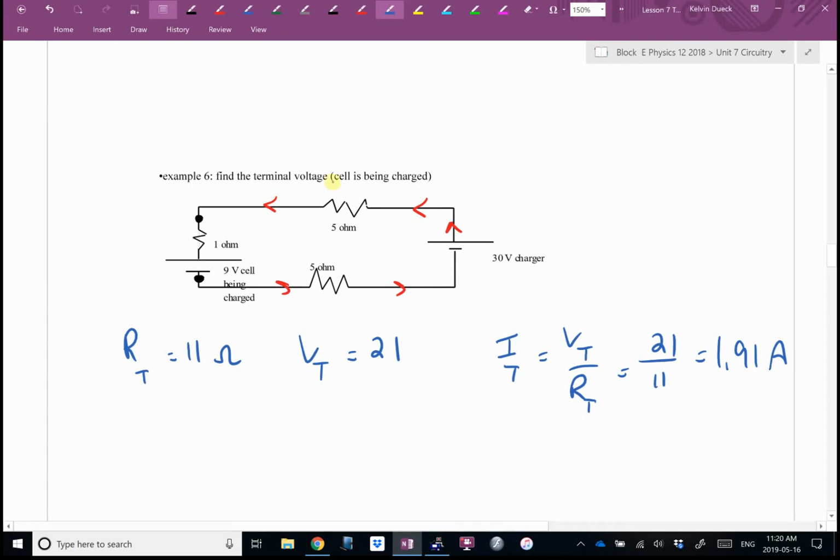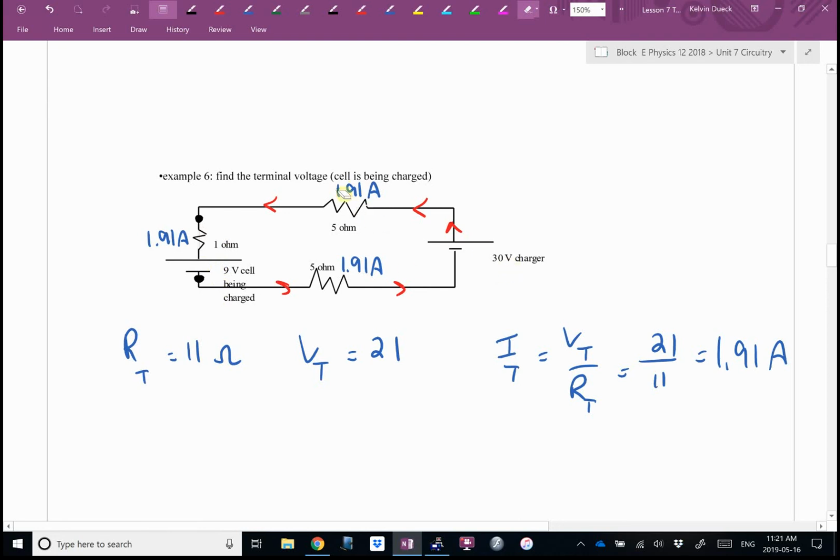So I have 1.91 amps there, I have 1.91 amps there, and I have 1.91 amps there. But you'll notice we're going backwards through the battery here. Let's see if we can figure out how many volts must be between here, just by looking at these ones.